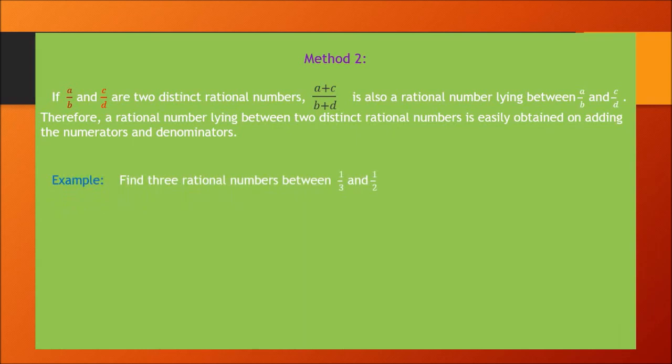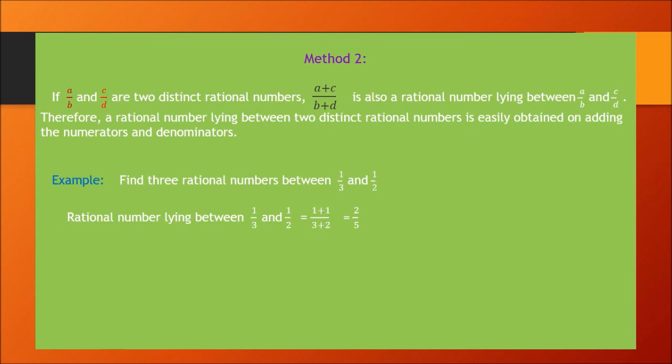Now we can see an example. Find three rational numbers between 1/3 and 1/2. For the first rational number, the numerator is 1 and the denominator is 3. For the second rational number, the numerator is 1 and the denominator is 2. In the shortcut method, we add the numerators and denominators separately.